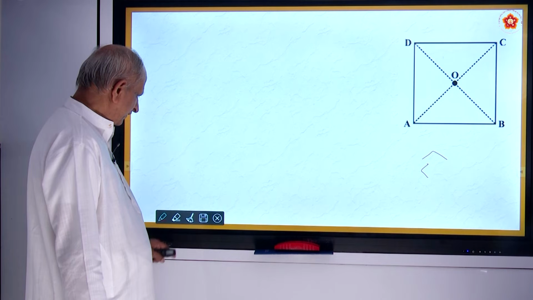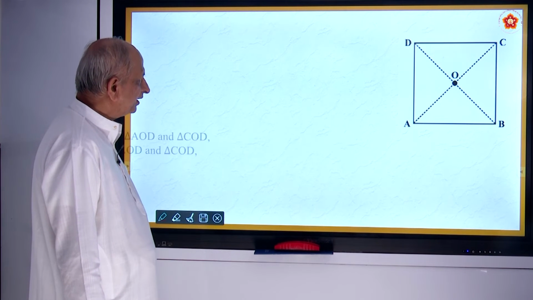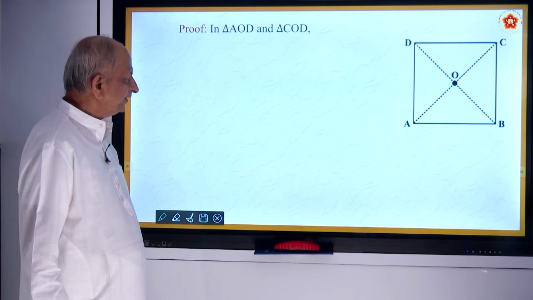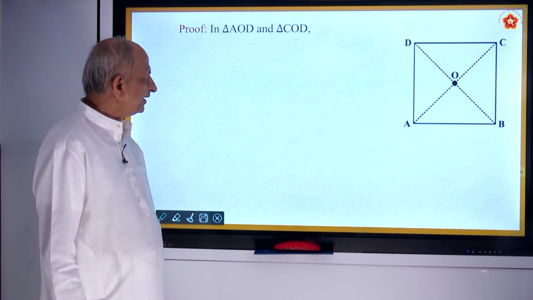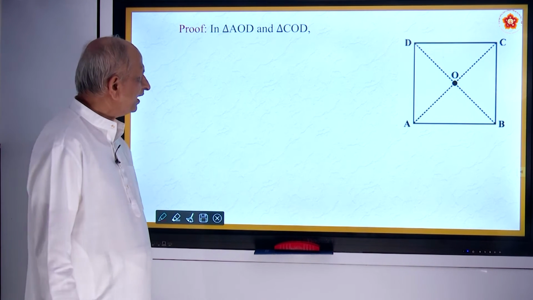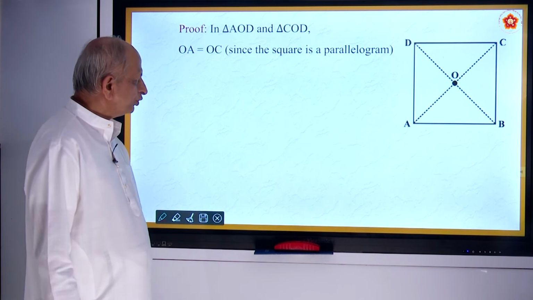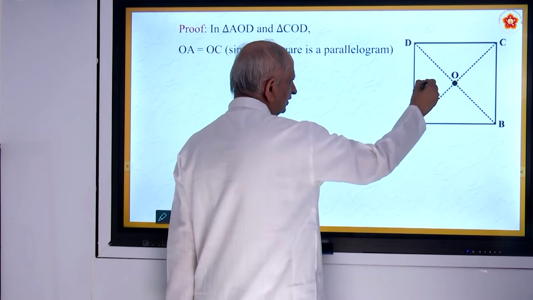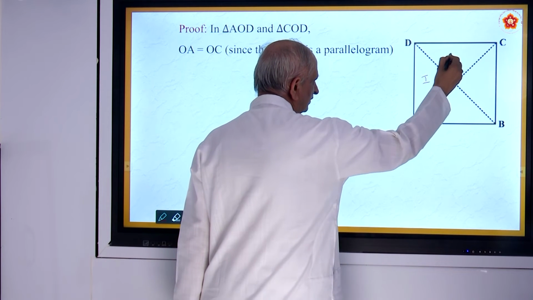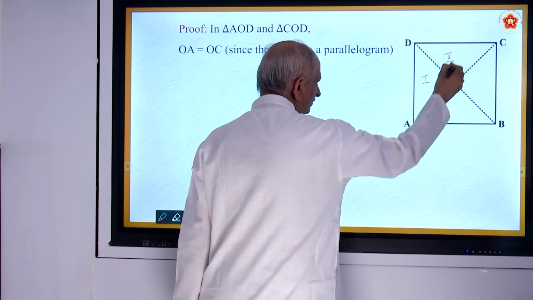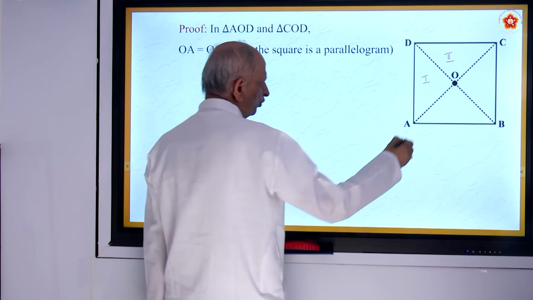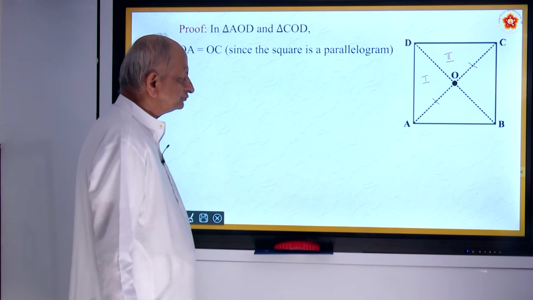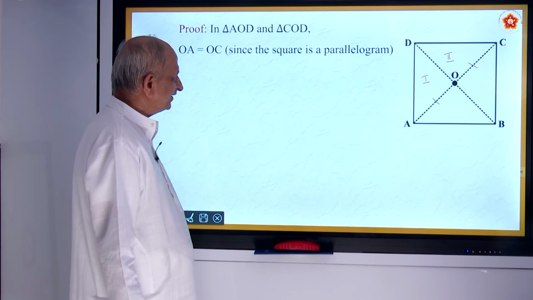So, you have a square and coming to the proof part of it. ABCD is a square, AC and BD are diagonals, correct? All the sides are equal. So, OA is equal to OC. In this triangle AOD first one and COD second one, what are you given? OA is equal to OC, first point, because diagonals bisect each other.